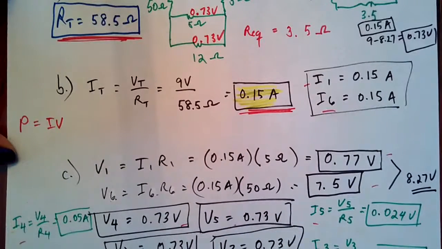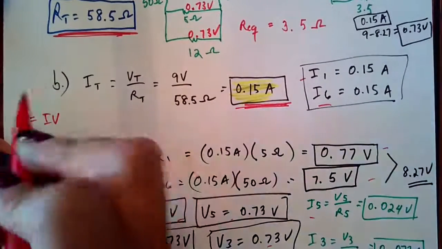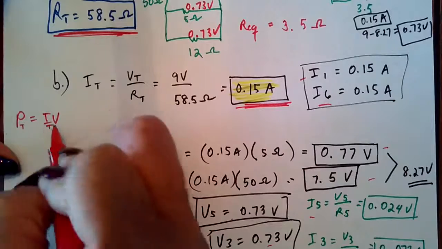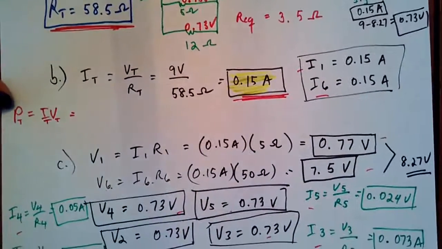And if you were to look at the total power that is going through the entire circuit, you could also take the total current times the total voltage. And I'm just going to take that. Total current is 0.15. Multiply that by 9 volts of total potential difference.